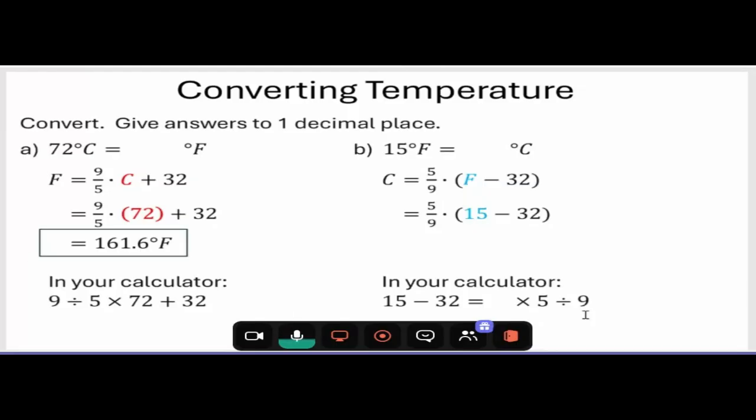But you can't do it in one step like this, right? 15 minus 32, press the equals button, and then times 5 divided by 9. And you should get negative 9.4 degrees Celsius. Not surprising it's negative, because 15 is smaller than 32, so it's below the freezing point of Fahrenheit, which means that we should get a negative number for the Celsius.